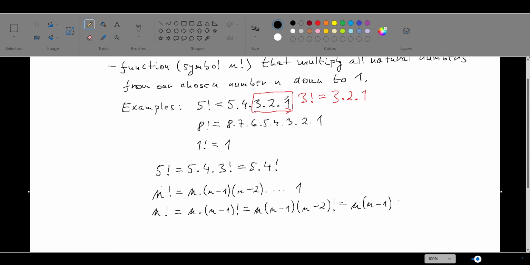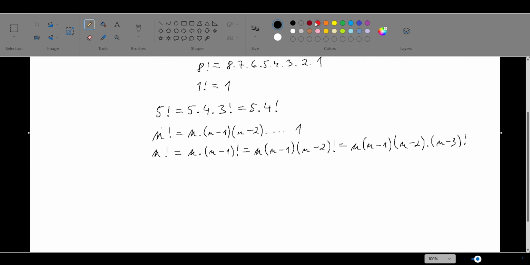You will see what I'm talking about in a couple of minutes when we calculate some exercises. So this is the rule to calculate, for example, n factorial, also 5 factorial or 15 factorial, and so on.